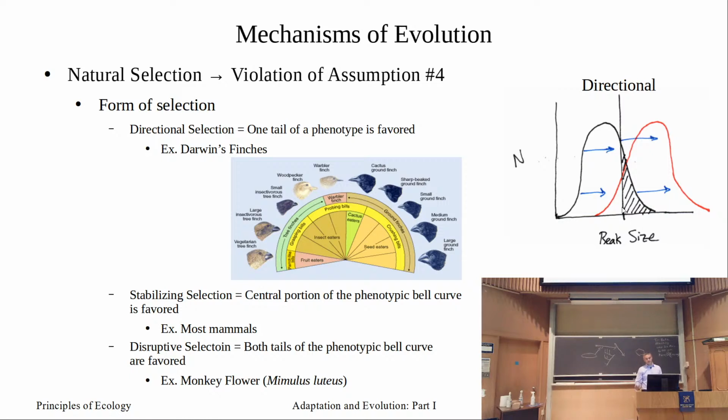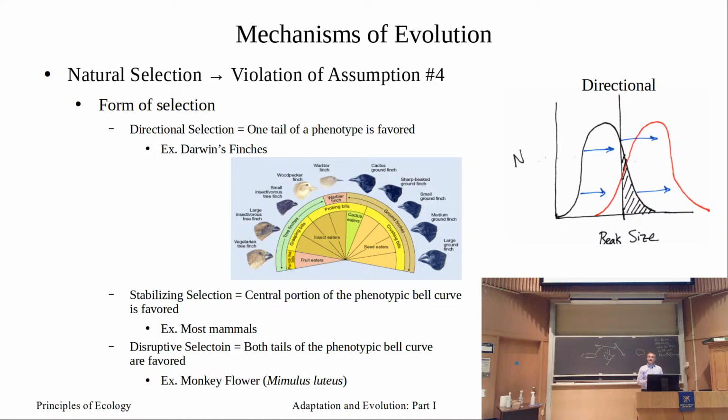Here, our example is Darwin's finches down on the Galapagos. We know that based on the rainfall, you can alter which seeds are the most abundant down on those islands. And those seeds are the food source for these finches.